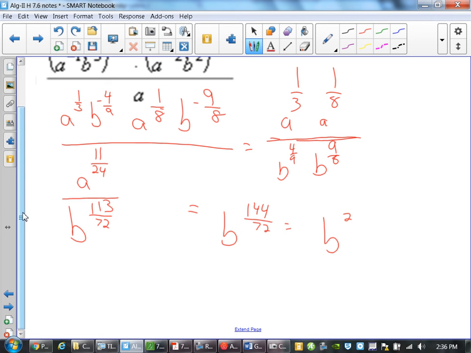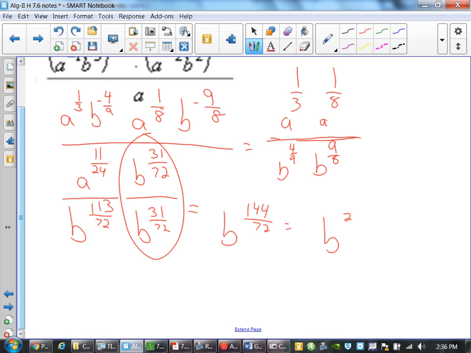Aha! Within my bases, all I have to do is add exponents. So what do you have to add to 113 to make it 144? 31. You know what I meant. Because this is a factor of 1.